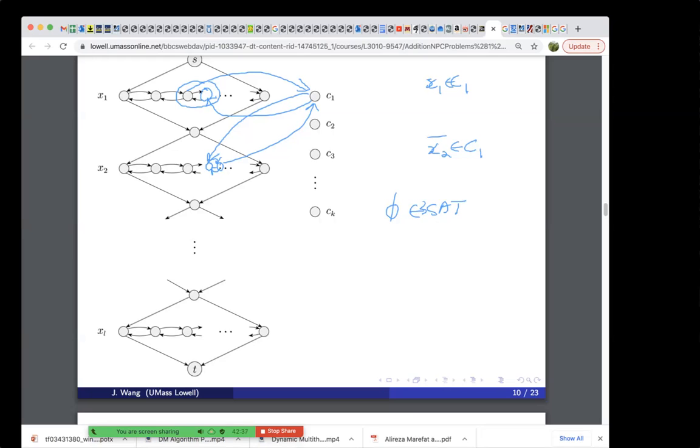Okay, so here we are going to do it like this. We are going to say if xi is in Cj, then what we do is we go left first.